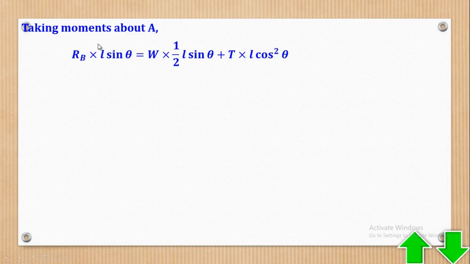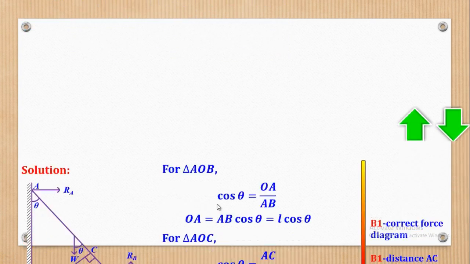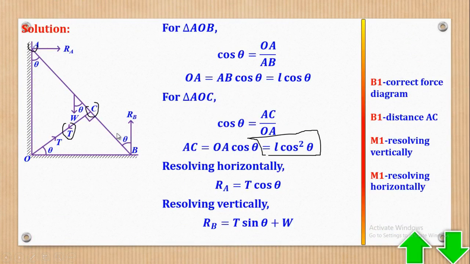Now the question is, why is it that on this side there is only the moment for RB and on this side there is moment for W and T? So the answer is on the type of moment. Is it clockwise or anti-clockwise? When you go back to this diagram, you will realize that when I stand here, this being the pivot, this moment will give me a clockwise moment.